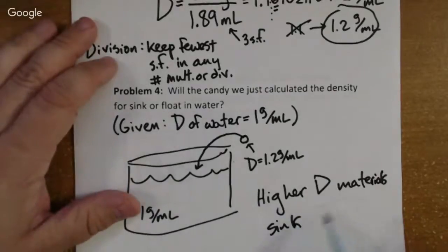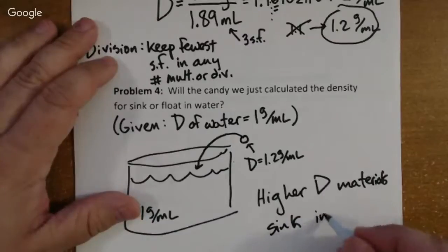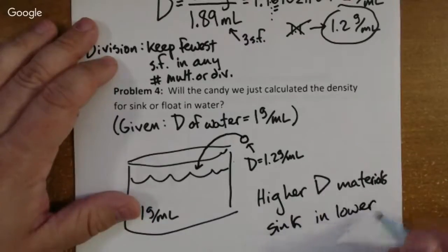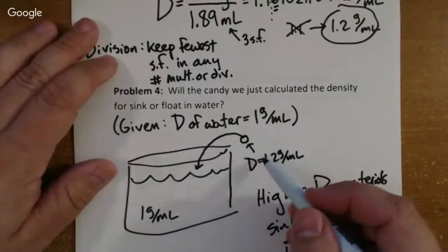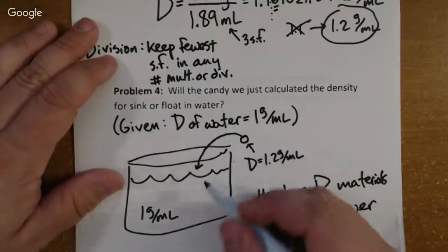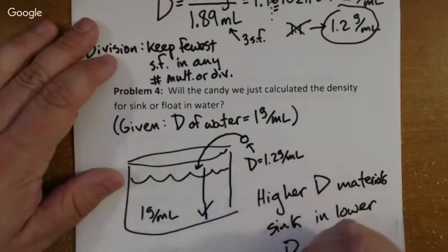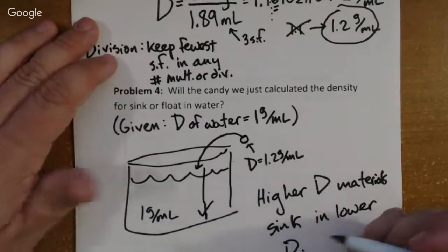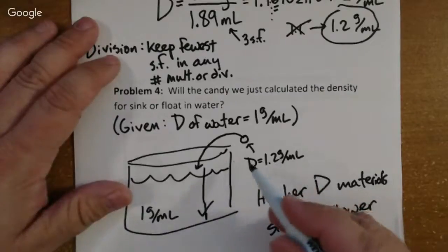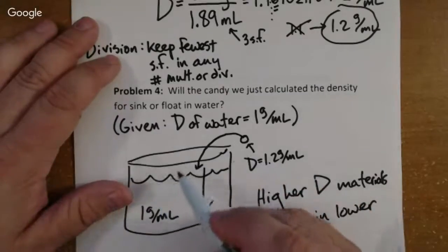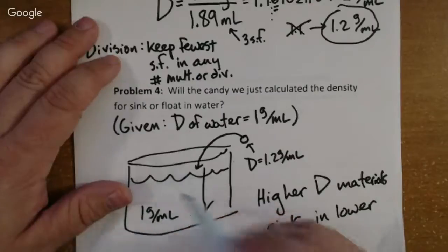Higher density materials are going to sink in lower density materials. So this candy, when we throw it in, because it has a higher density, is going to sink in the water and it's going to go straight to the bottom. But let's say we threw in styrofoam. Styrofoam is really light, it has a really low density, so a piece of styrofoam lower than the density of water would float at the top.